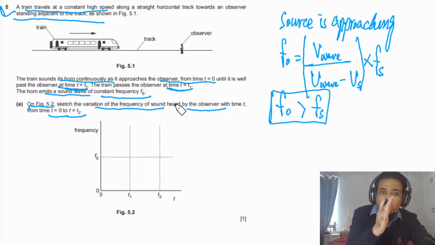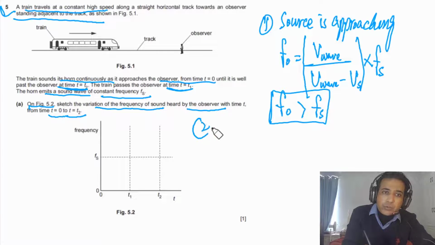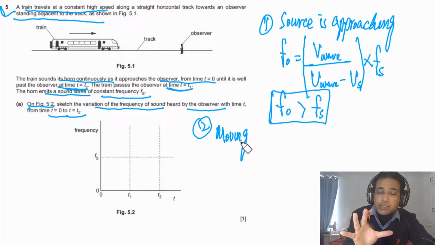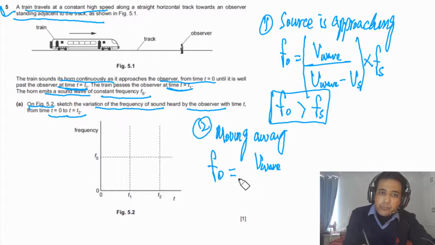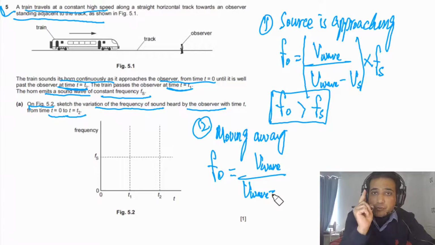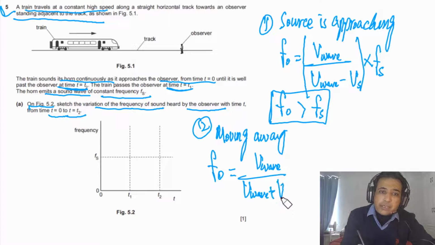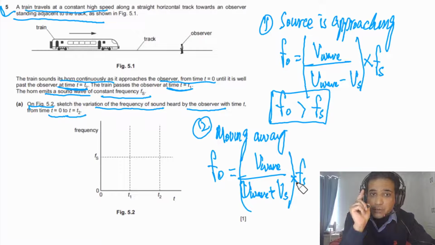And the second case is when the source is moving away. In this case, the observer is always at rest. When the source is moving away, the observed frequency will be equal to the speed of the wave, meaning the speed of sound in this case, divided by the speed of the wave plus the speed of the source, multiplied by the frequency of sound produced by the source.